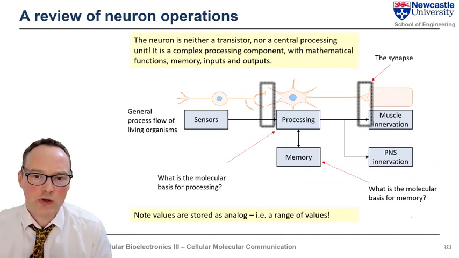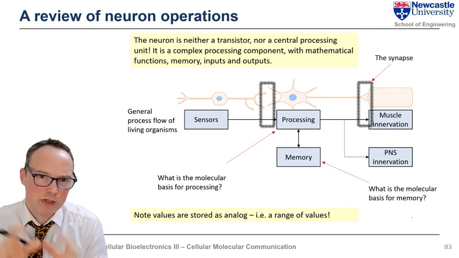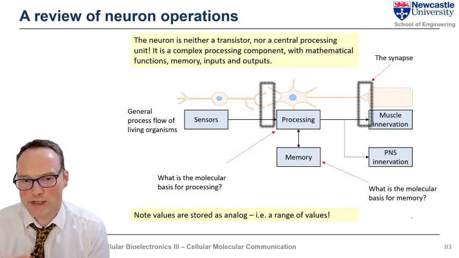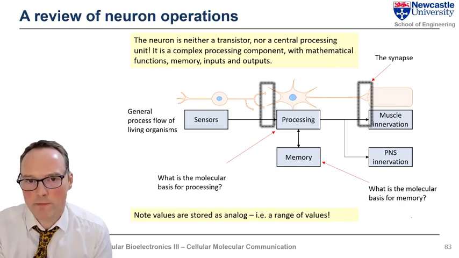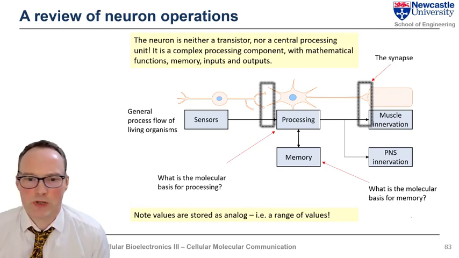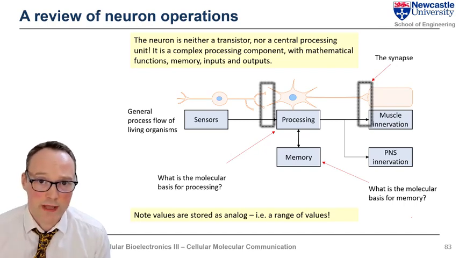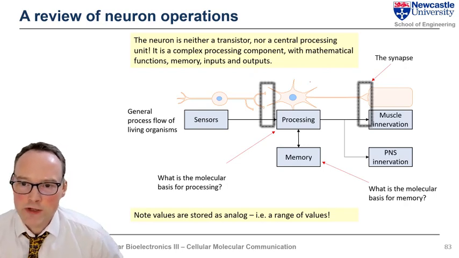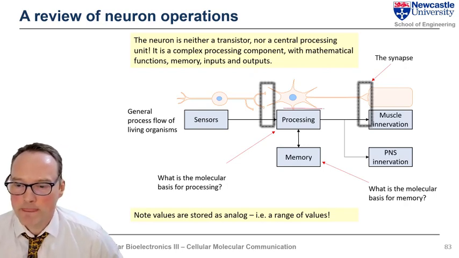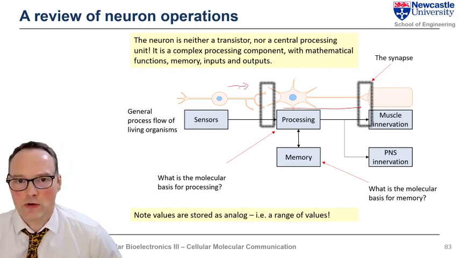And if we think about neurons, neurons aren't processors. They're much simpler structures than processors, but they're much more complex than individual transistors. So they're somewhere in between, in terms of capability and in terms of what they do. If you take a simple neuron, such as this one, a neuron will take inputs from sensors or from other neuron cells.